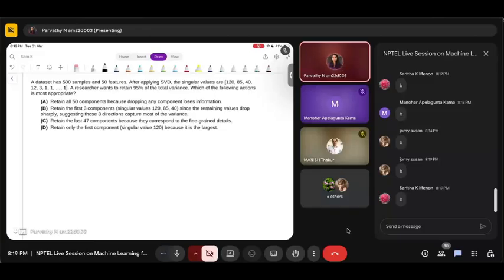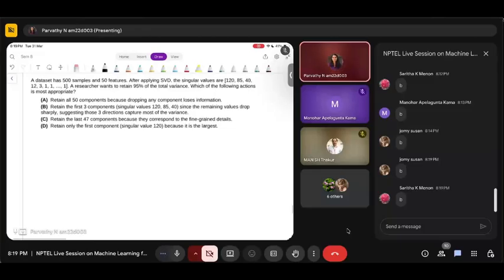So, before I explain this, explained variance is lambda i by the sum of all the lambda i. For a specific kth PC component, it is lambda k by the sum over all the eigenvalues. Here we have the singular value, and the singular value square is the lambda value.